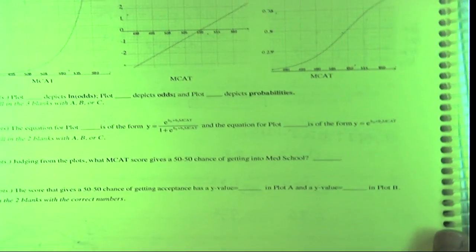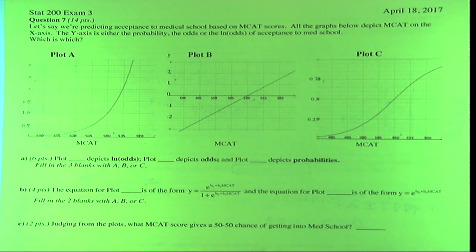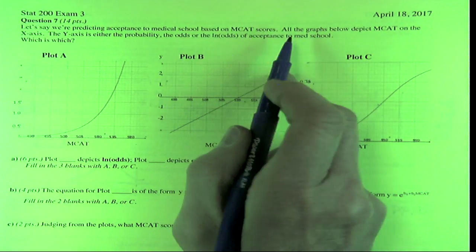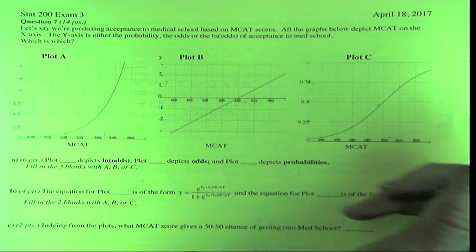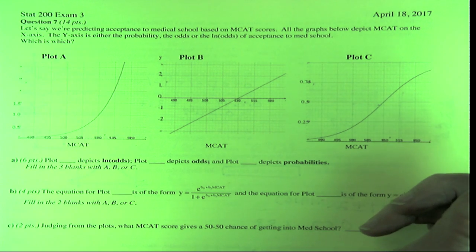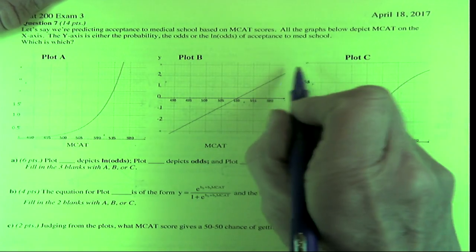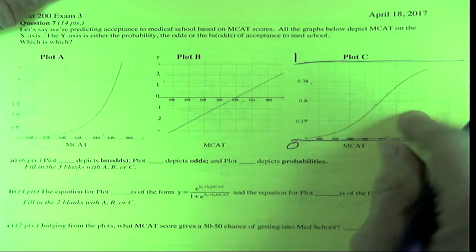So now let's go to the next page, and these are just looking at these graphs here. Let's say we're predicting acceptance to medical school based on MCAT scores. All the graphs below depict MCAT on the x-axis, and the y-axis is either probability, odds, or log odds of acceptance to med school. Which is which? Right away, you should know this S-shaped curve that's bounded at 0 and 1 is the probability.